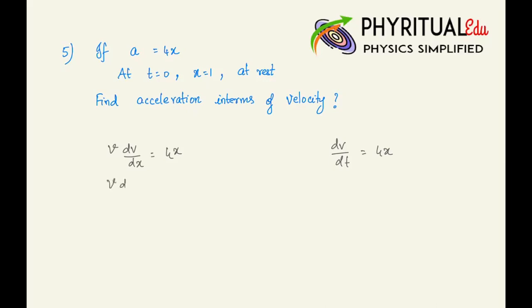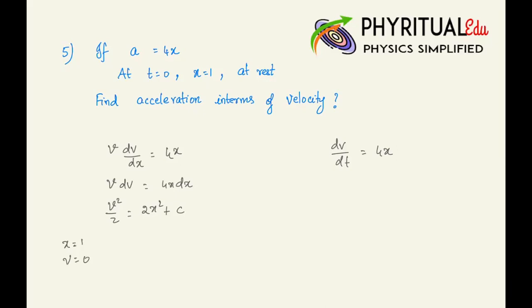So we have v dv equal to 4x dx, integrate both sides. So v square by 2 will be equal to 2x square plus c. The integration of 4x dx becomes 2x square, and I'm adding the constant of integration. Now it is given that when x equal to 1, velocity is 0, the initial condition.